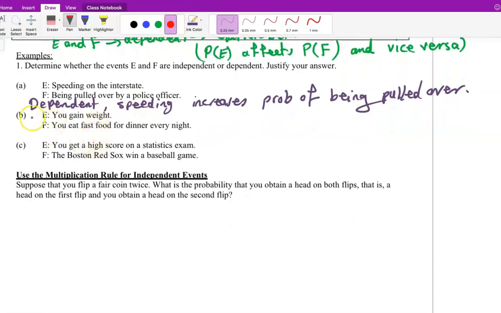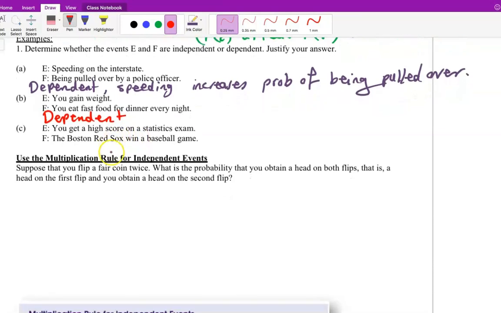Next one, again we have two events. The first one, you gain weight, and the second event, you eat fast food for dinner every night. Obviously this one also is dependent, because gaining weight depends on eating fast food, or maybe eating more than needed. So this is dependent.